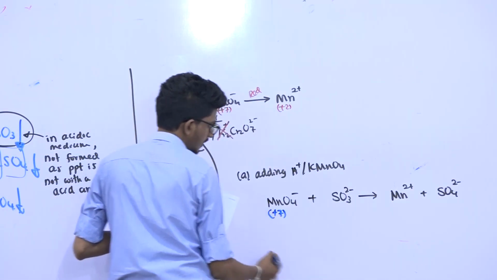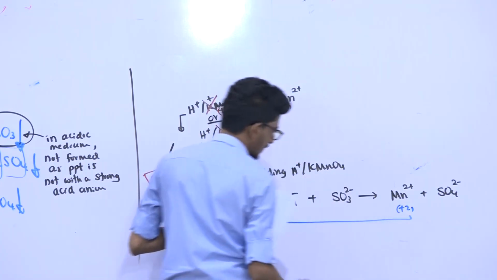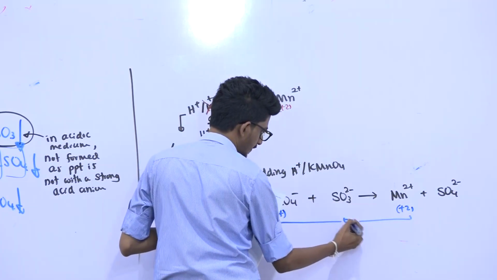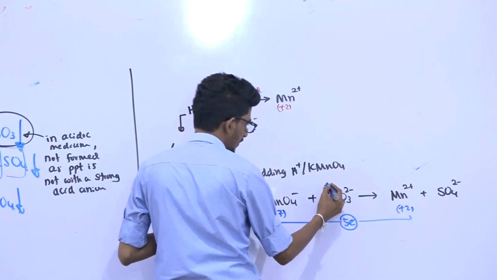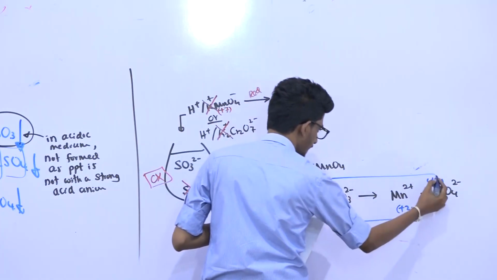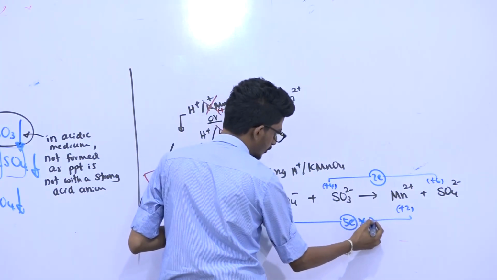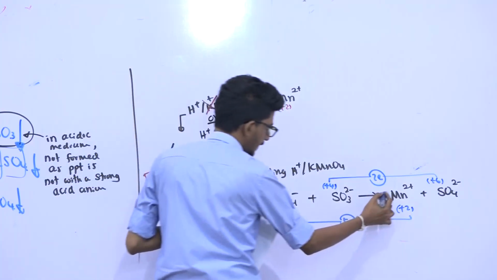Plus 7 to plus 2, a 5 electron difference. Plus 4 to plus 6, a 2 electron difference. So you need to multiply this by 2 and this by 5.